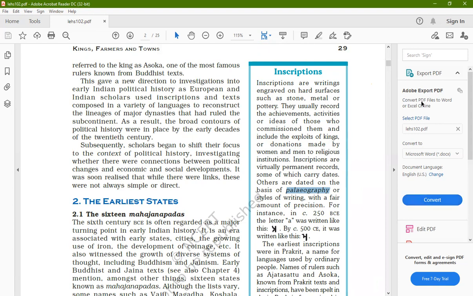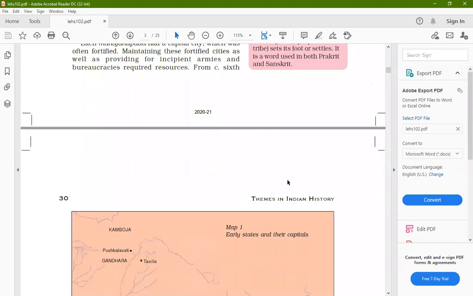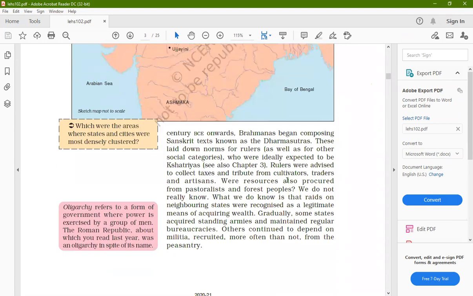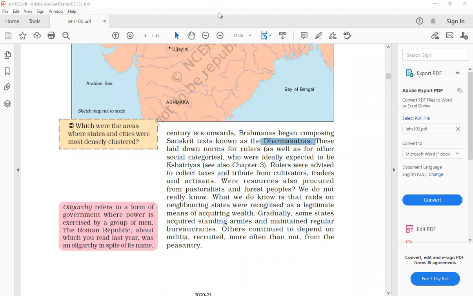Now, what were Dharma Sutras is the next question, which is from the next page. It is also an important line, because Dharma Sutras are one of the important questions that are asked in the CBSE boards.